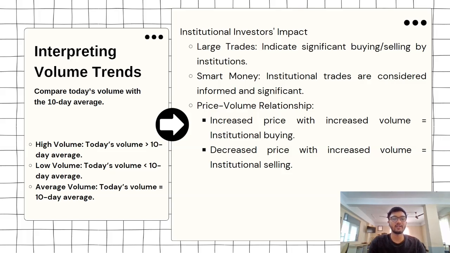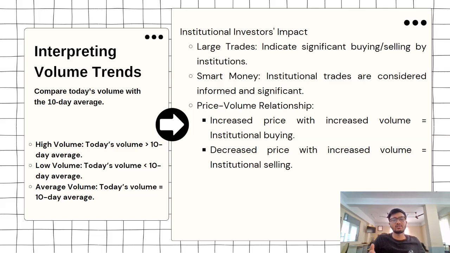Just to explain the concept: if today's volume is greater than the past 10 days average, then it is a high volume day. If today's volume is less than the 10 days average, then it is a low volume day. With an EMA line or a moving average line, you can see whether it is a high volume day or a low volume day.